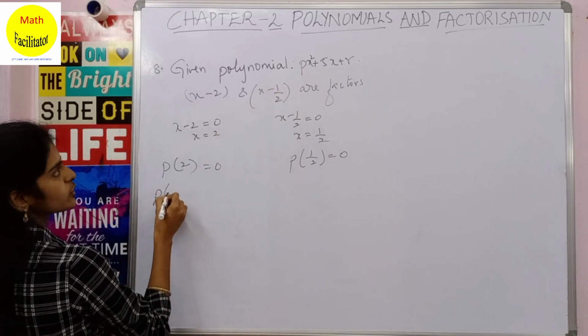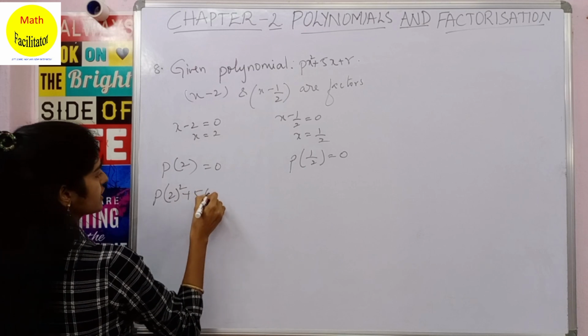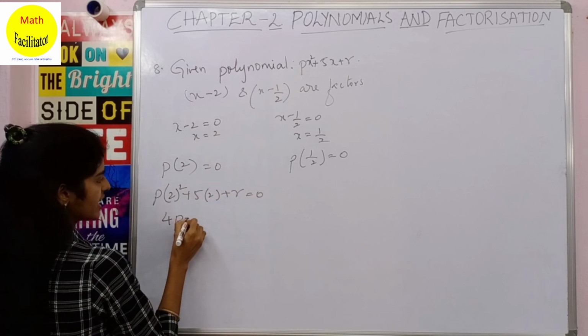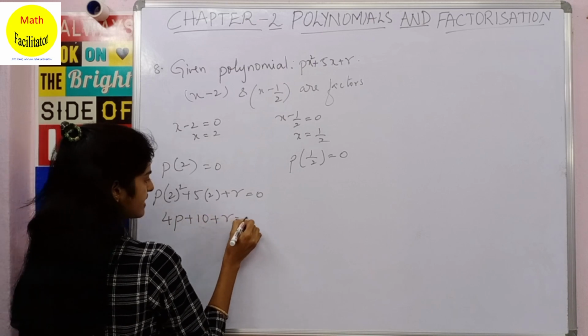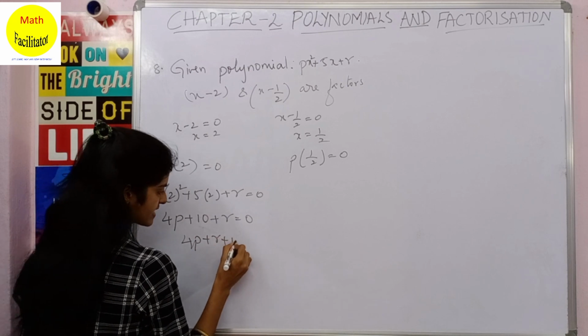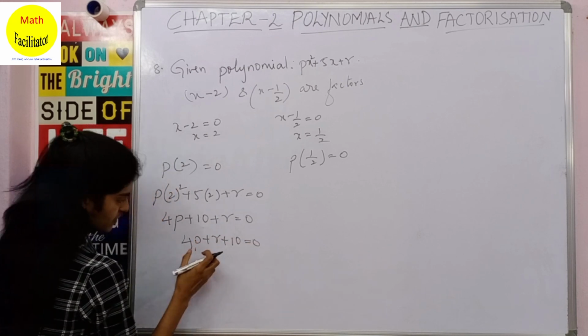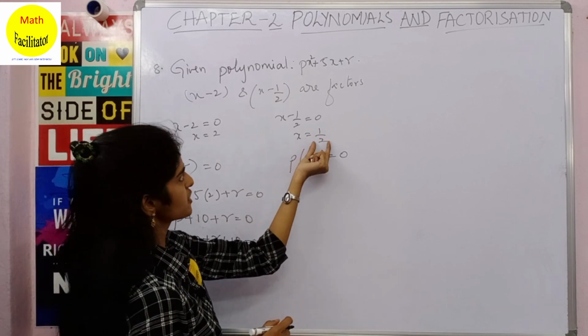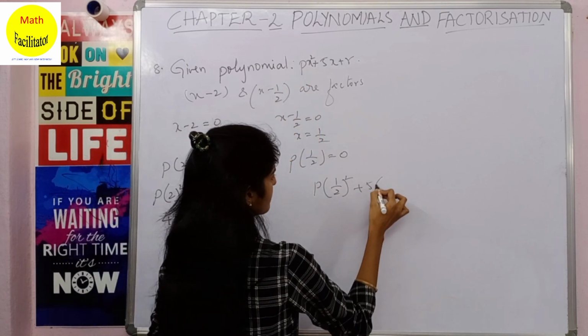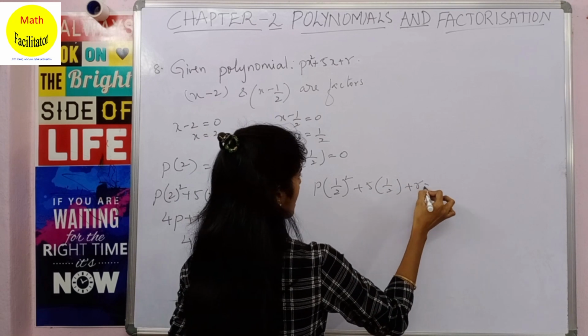So now substitute 2 in this place. So P of 2 square plus 5 into 2 plus r is 0. Okay, so this is 4p plus 10 plus r is 0. Okay, so 4p plus r plus 10 is 0. Just I am rearranging it. Okay, now here also let us substitute 1 by 2. So p of 1 by 2 square plus 5 into 1 by 2 plus r is 0.